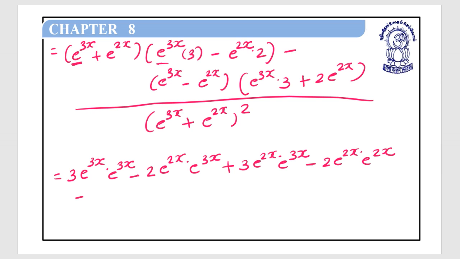Again minus sign, e raised to 3x, 3 e raised to 3x into e raised to 3x in the bracket.